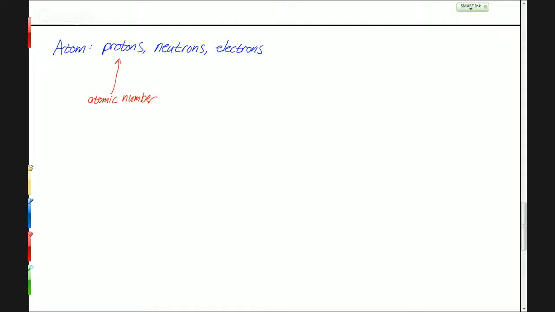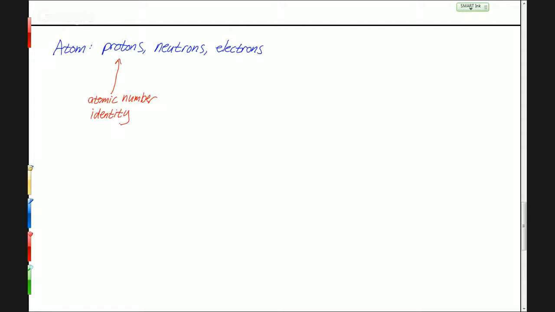You see it up in blue on that periodic table, up in the upper right-hand corner. And it also gives us the identity of that atom. You'll notice there are no repeats with blue numbers up there. So any different number of protons means you have a different kind of atom.